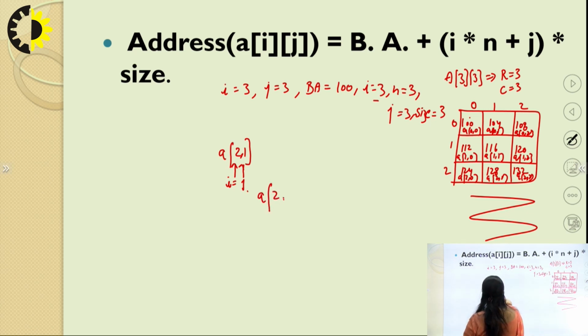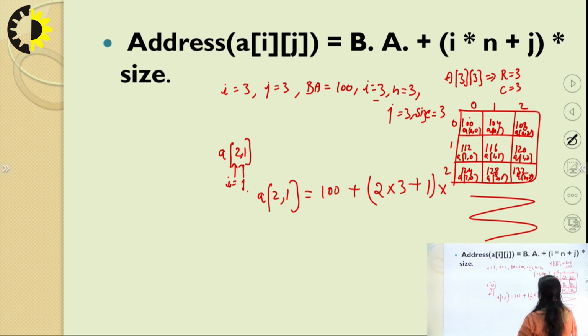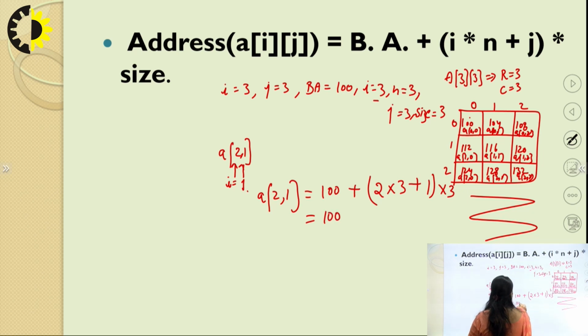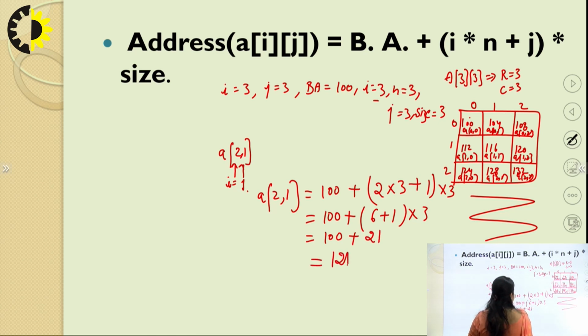A[2][1]: base value is 100 plus I value 2 multiplied by the size of array 3 plus j value 1, and the size is 3. Okay, 100 plus 6 plus 1 multiplied by 3, 100 plus 21 is 121.